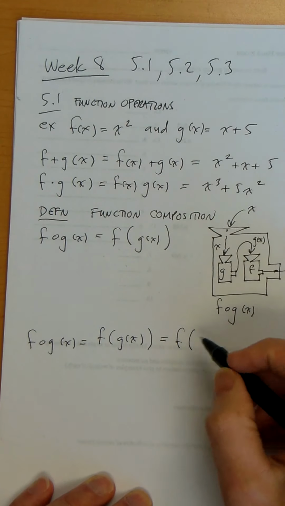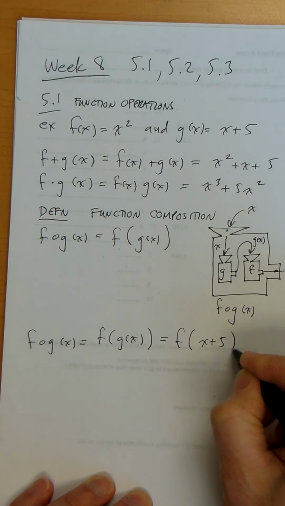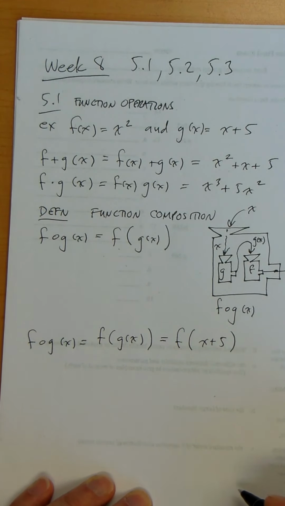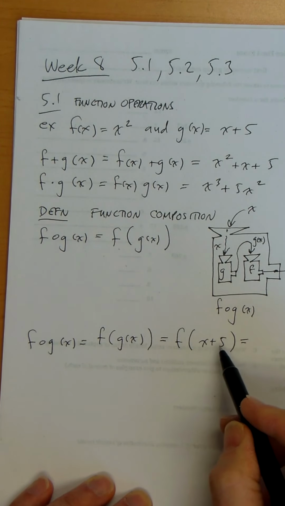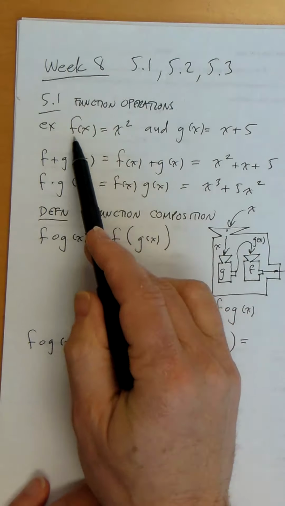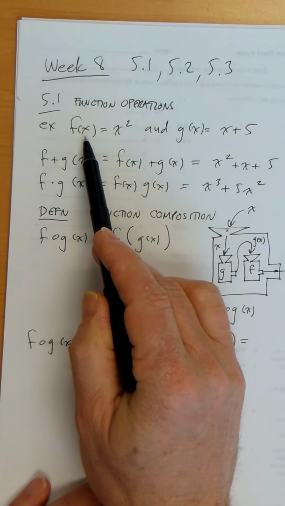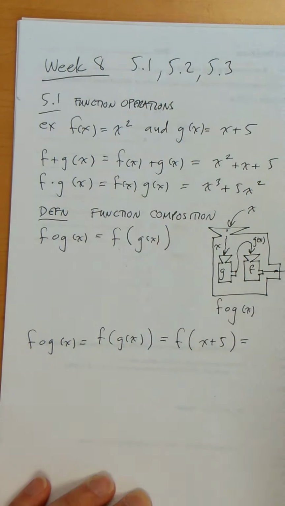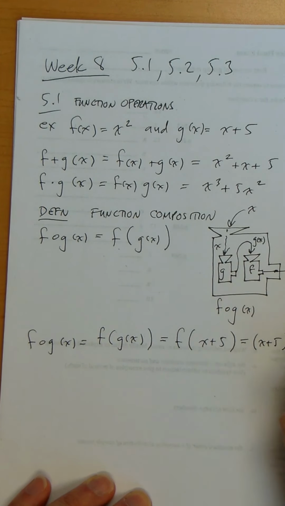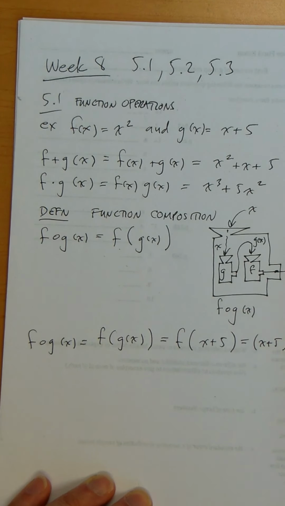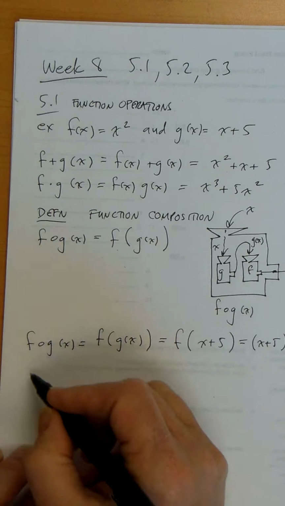That's this little linear function x plus 5. And then the last step, okay, now we input that formula into f. And what's f? F is the squaring function. It takes anything you give it and spits out the square of that thing. So I'm going to get out the square of this stuff, and I could simplify that to x squared plus 10x plus 25. So that's a formula for f composed with g of x.